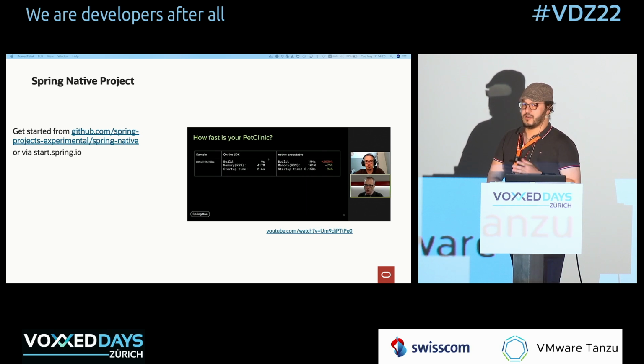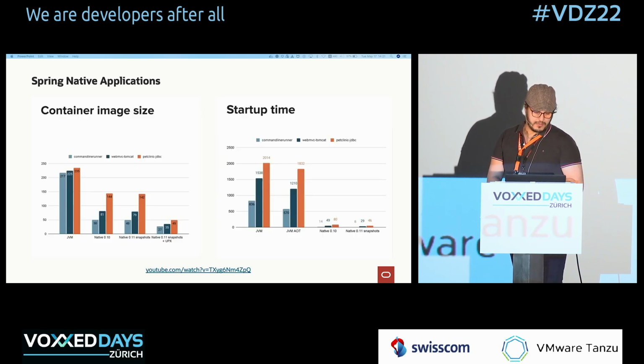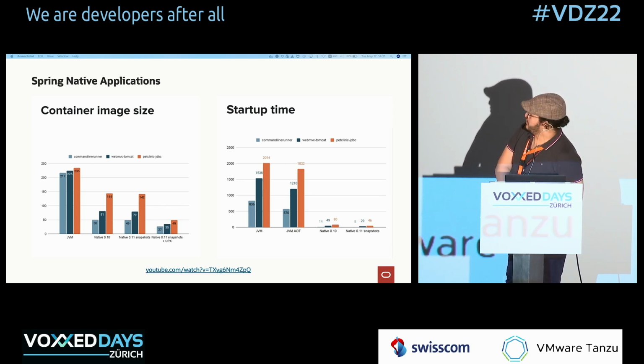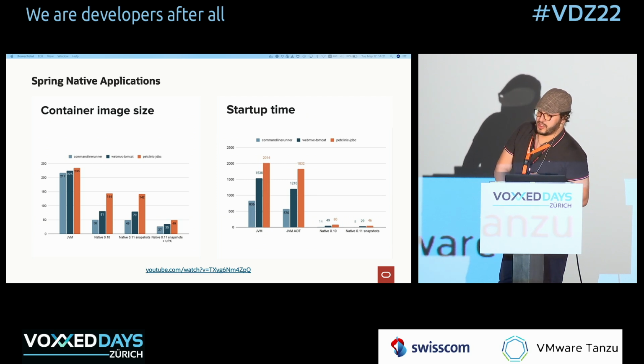There's a variant now of Spring called Spring Native that works with the native image and allows you to generate those binaries. Then, for example, in Spring Native, for some example applications, you can see the difference in memory usage, in startup time actually, and size of the image if you use the JVM version or the native one.